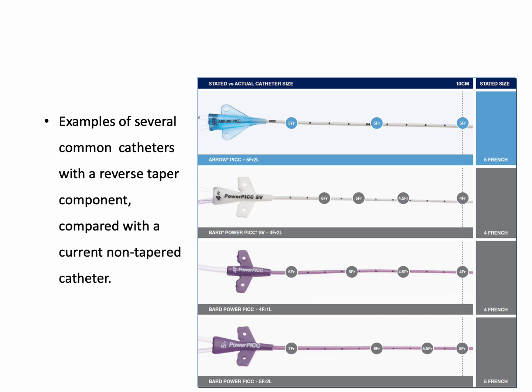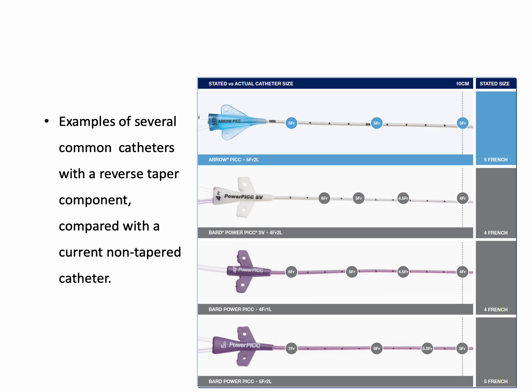For clinicians that do use reverse taper catheters, it's important to remember that a 7 French reverse taper component is the same size as a triple lumen 7 French CVC.